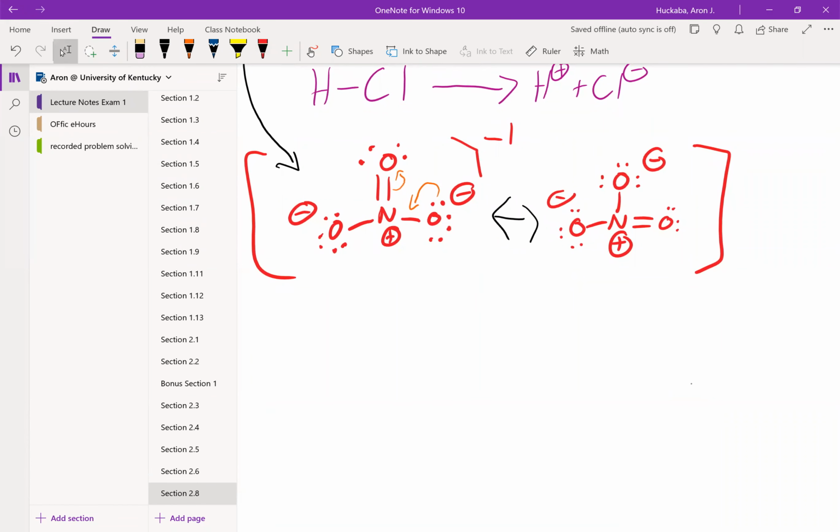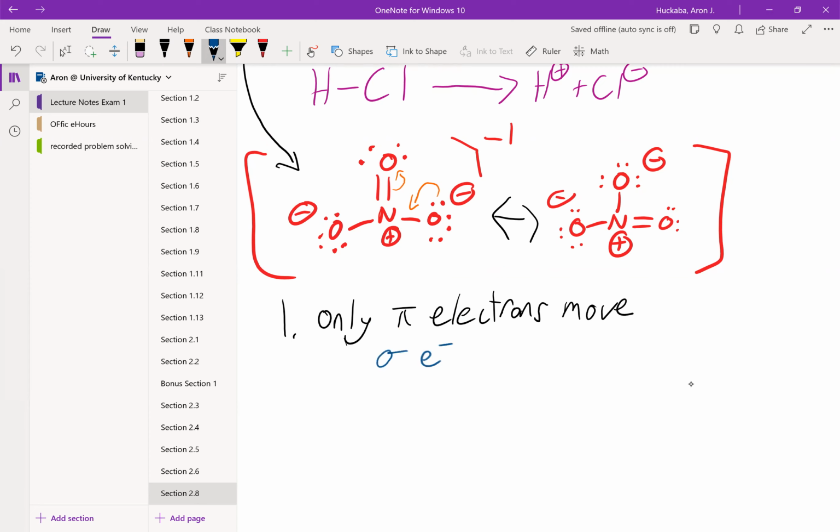Now, there are a couple easy rules to remember whenever you're drawing resonance arrows. The first being only pi bonds move, pi electrons. Sigma electrons do not move. So we'll draw that in too.